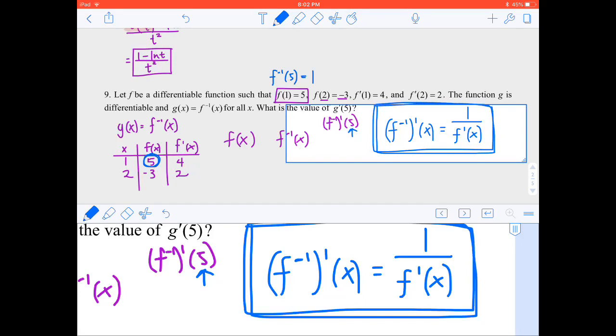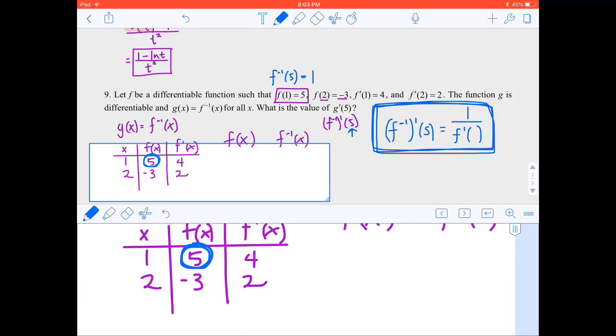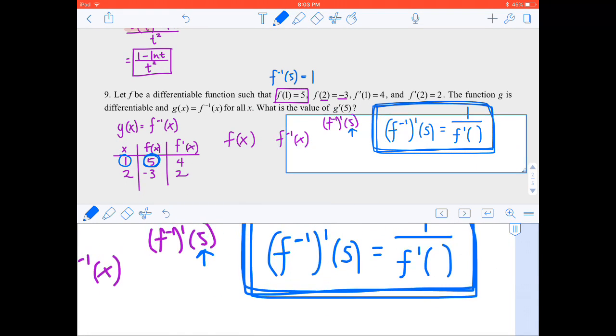The reciprocal of the derivative of f is equal to the derivative of the inverse function. So if we're trying to find this value at 5, it turns out that this is actually 1 over f prime.